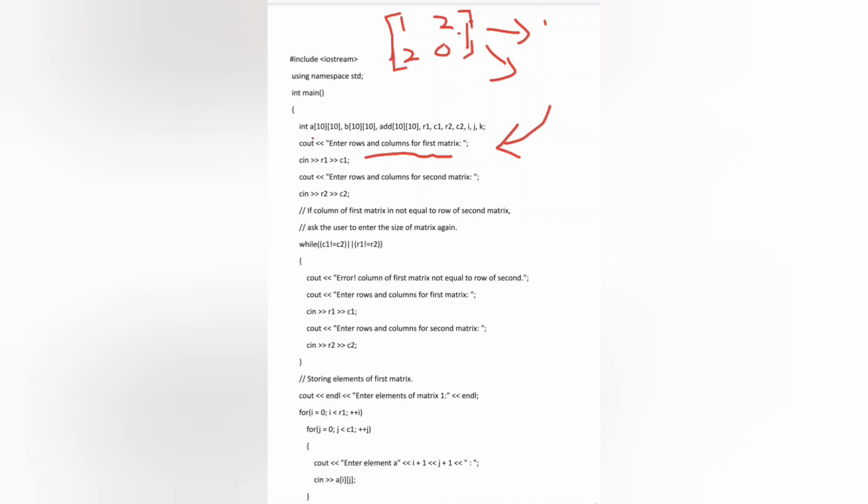For example, this is the matrix that the user enters. This is basically a 2 cross 2 matrix, like 2 rows and 2 columns. So the user will just type the rows and columns for the first matrix, like here.